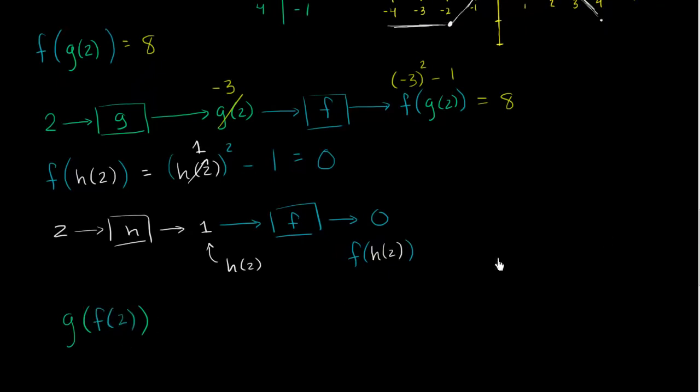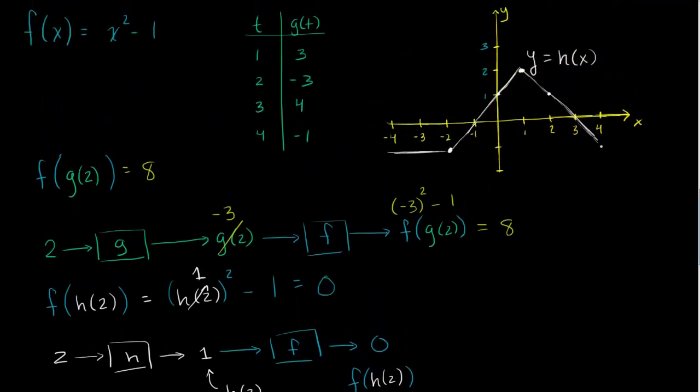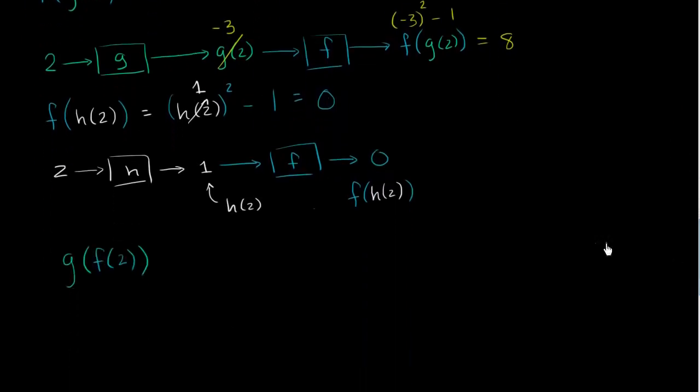And let me just think about this for a second. So that's going to be g of f of 2. And let's take h of g of f of 2, just for fun. So now we're really doing a triple composition.